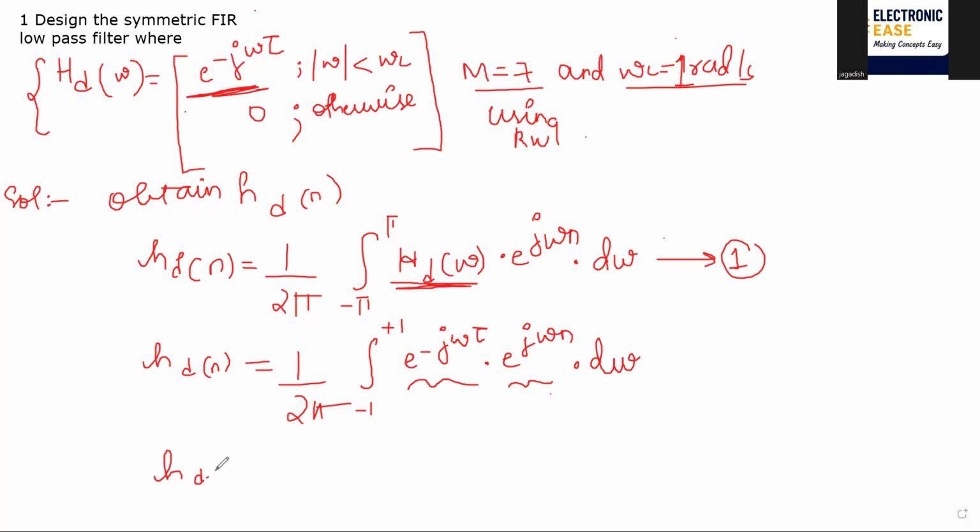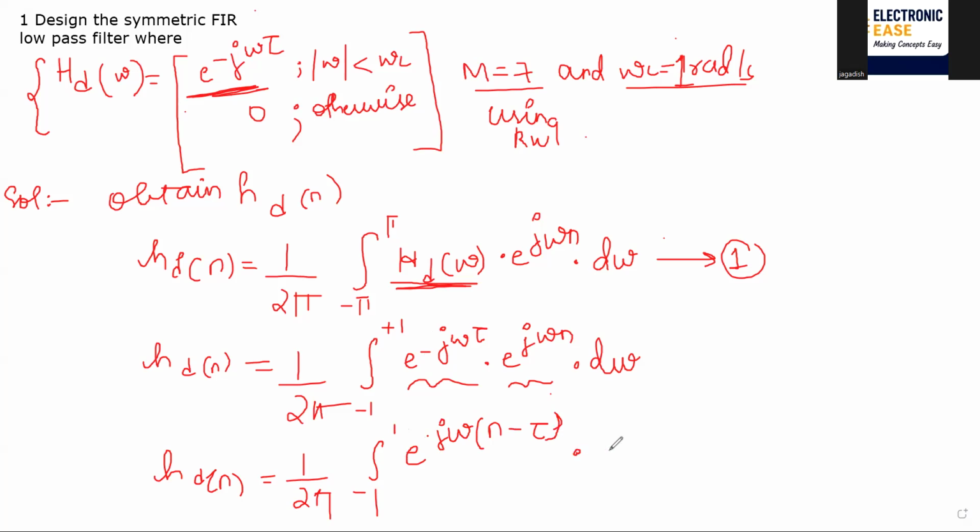So HD of n will be 1 divided by 2 pi, integration from minus 1 to plus 1 of e to the power of j omega into n minus tau, into d omega. I have rearranged the terms.